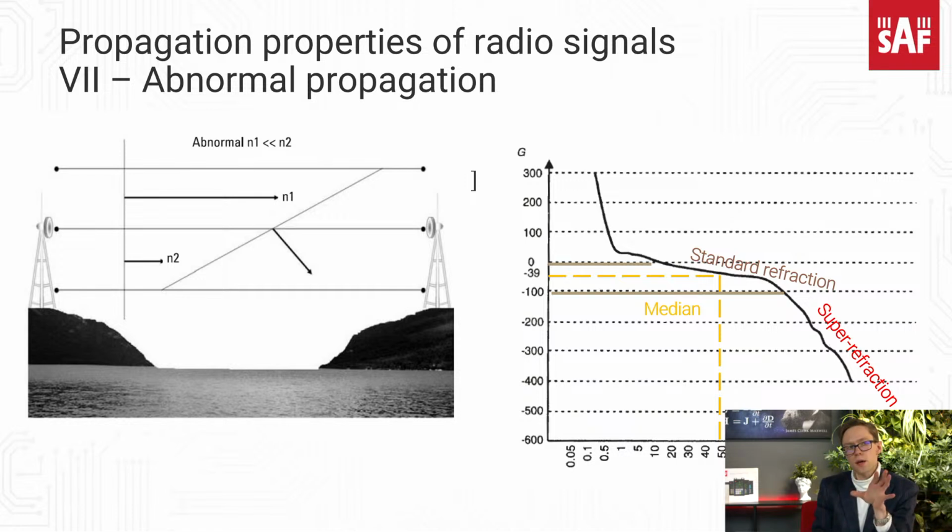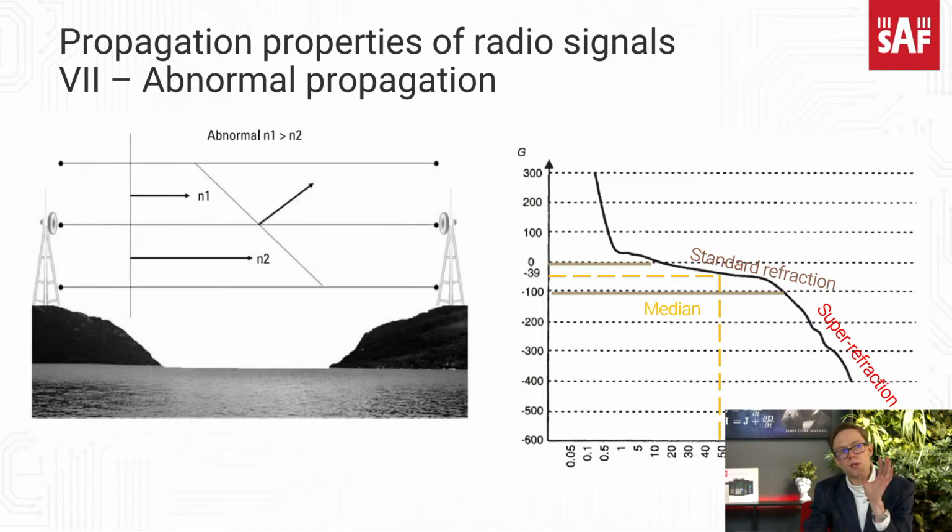This is one of the conditions of multipath fading, which will be covered in the next lecture. But for now, it is just important to understand that this can be considered abnormal, especially for radio engineers, because it impairs the link performance, the radio communication performance.